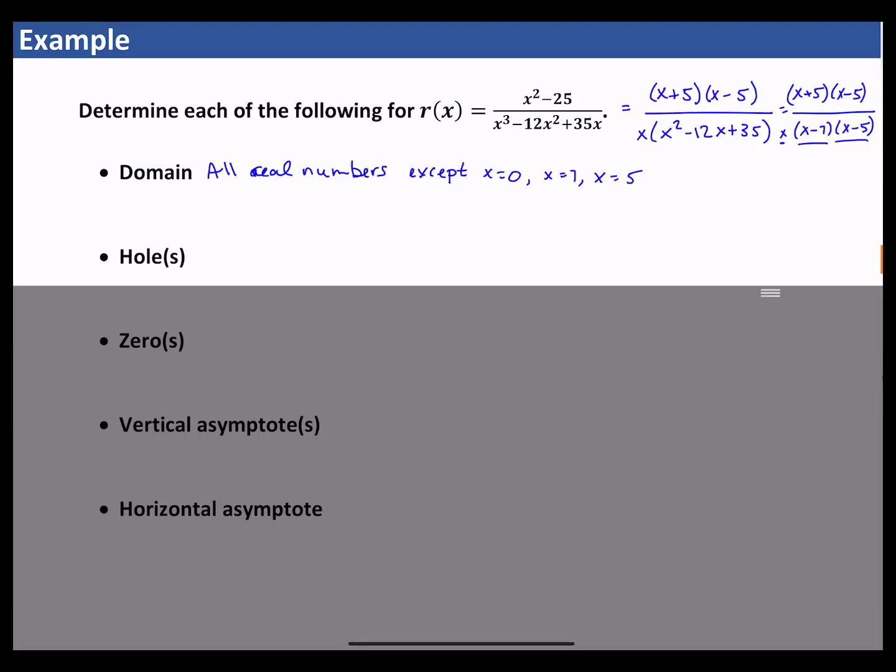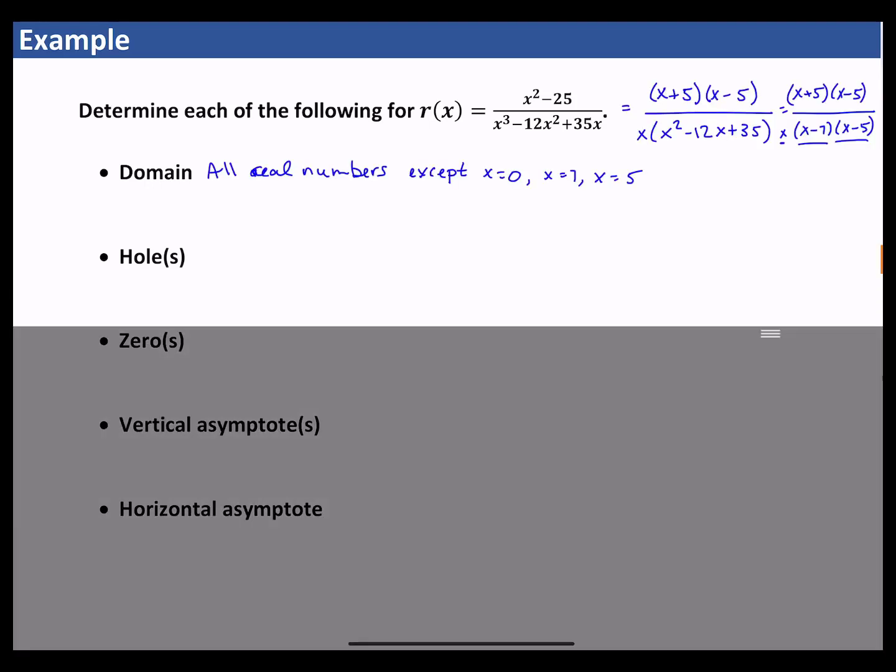Next, we're going to look for any holes in the function r of x. We know holes appear when there is a common factor. So we see right away there's going to be a hole at x equals 5. And we can look at a table of values to estimate where that hole is.